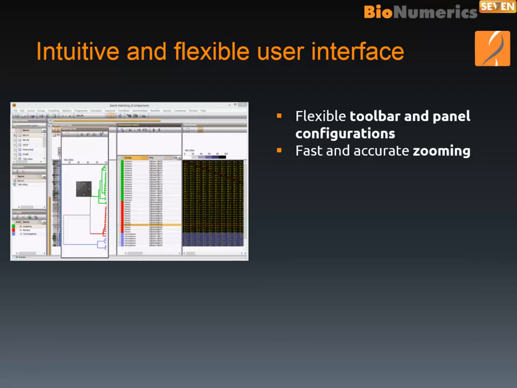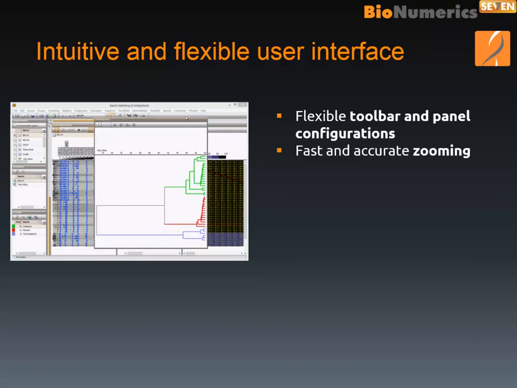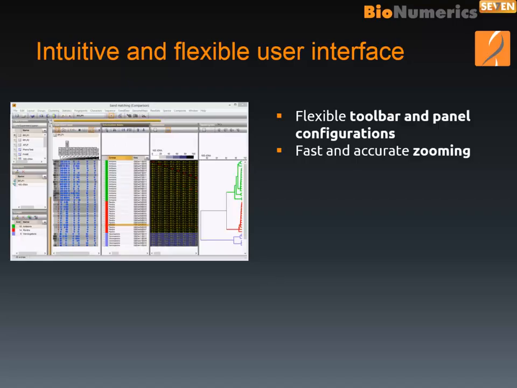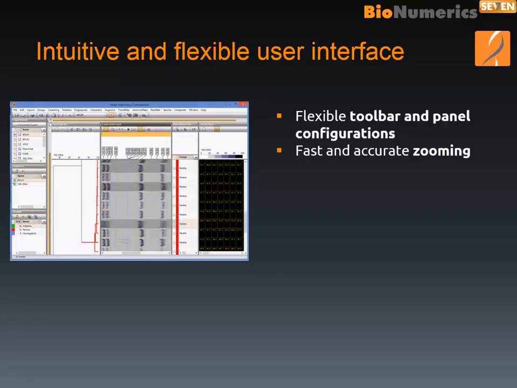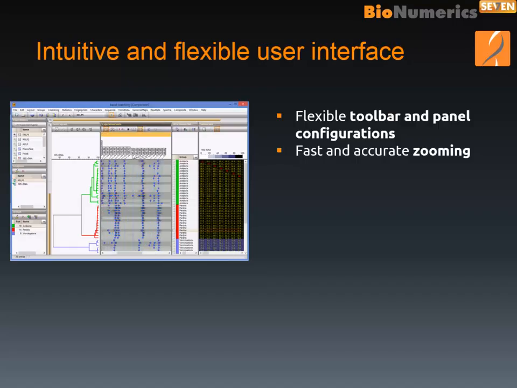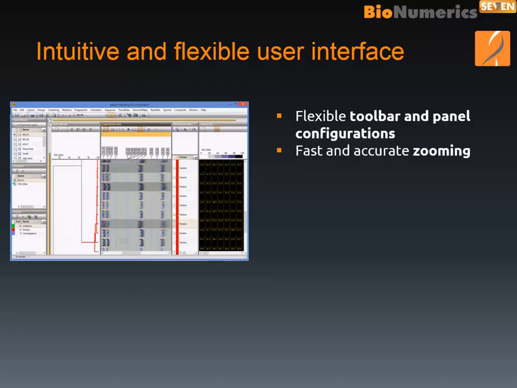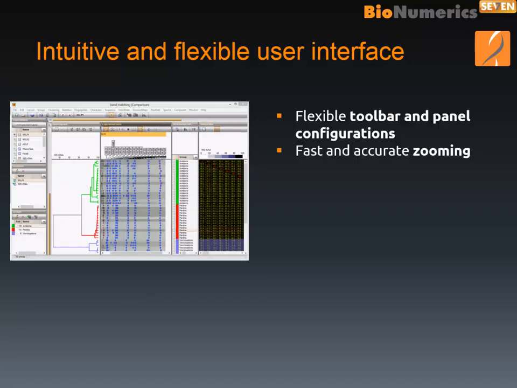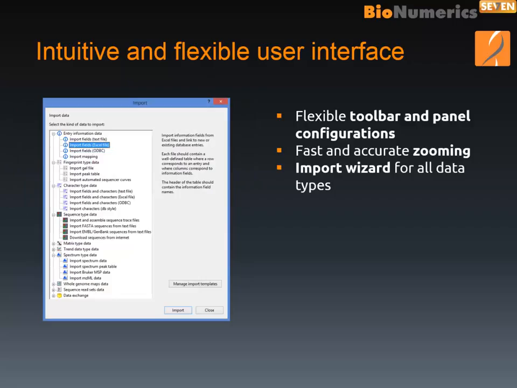Since version 4, the interface of BioNumerics has been completely redesigned, with easy-to-use flexible toolbars and panel configurations, and fast and accurate zooming. It's now possible to fit almost any combination of entries or analyses on one screen. Thanks to an intuitive import wizard with customizable templates, importing data into the database has become child's play.